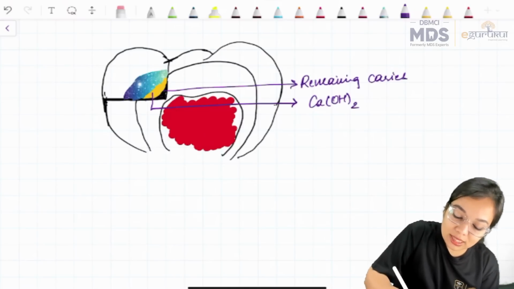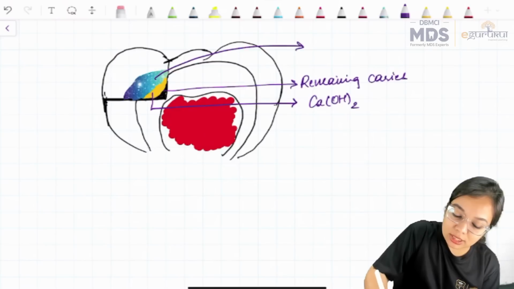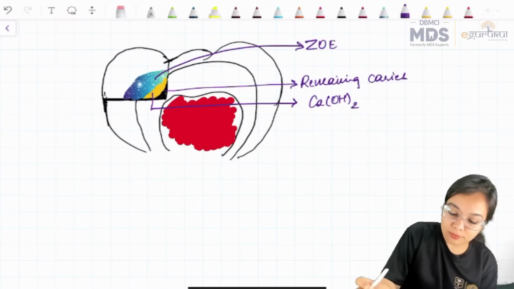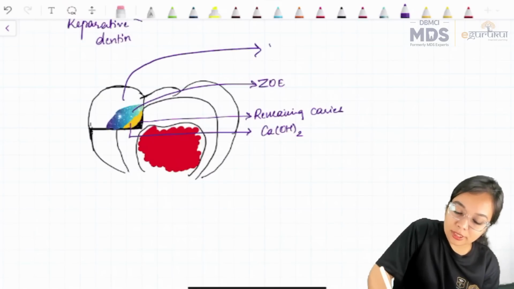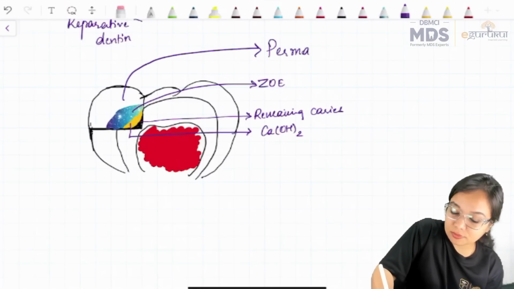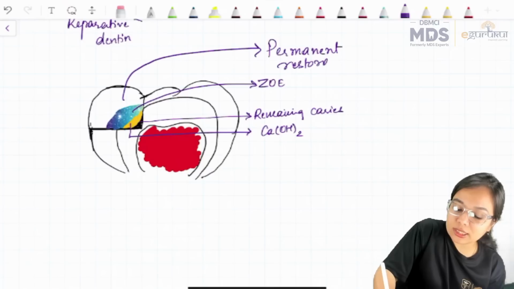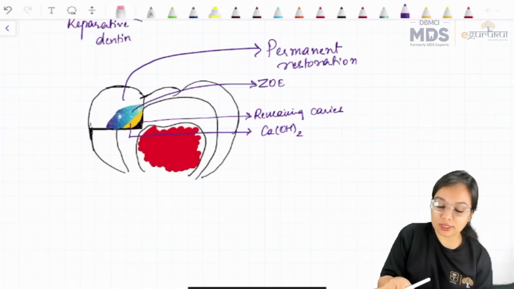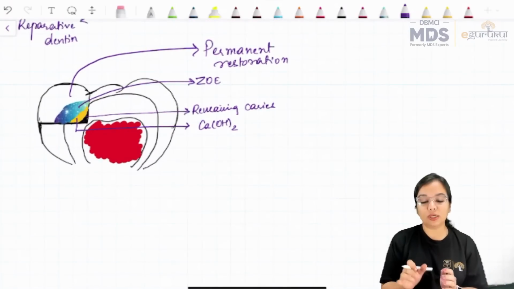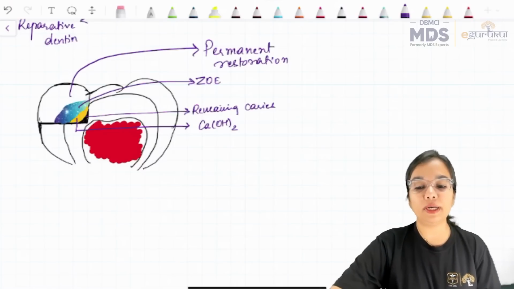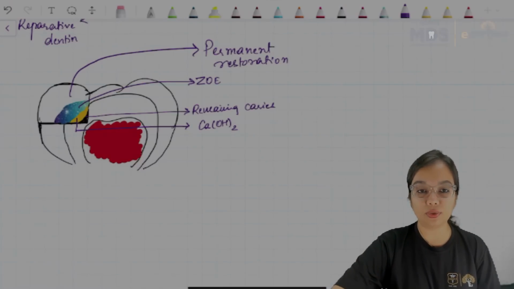Then you place a temporary material such as zinc oxide eugenol, and over it you place a permanent restoration such as amalgam or resin composite. This is what you basically do in indirect pulp capping. I hope the indirect pulp capping procedure is clear to you.